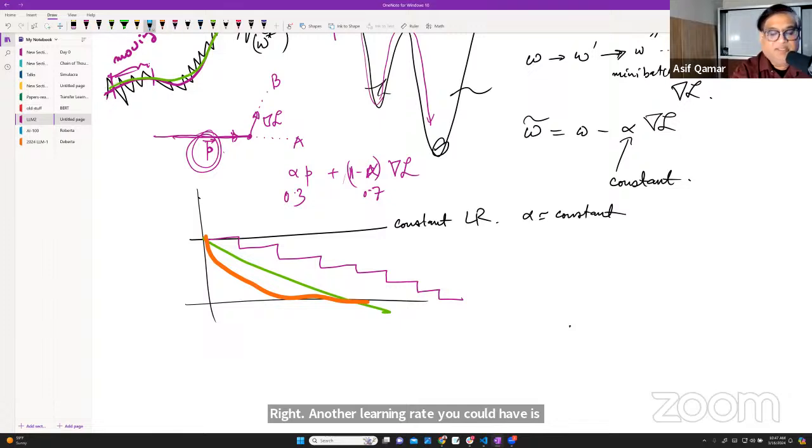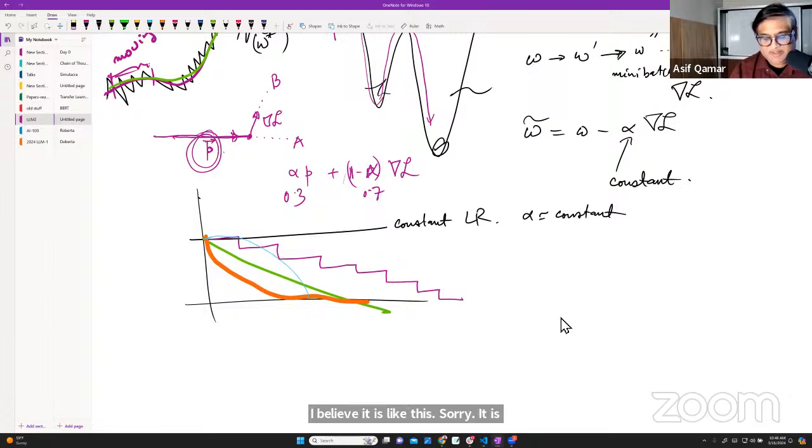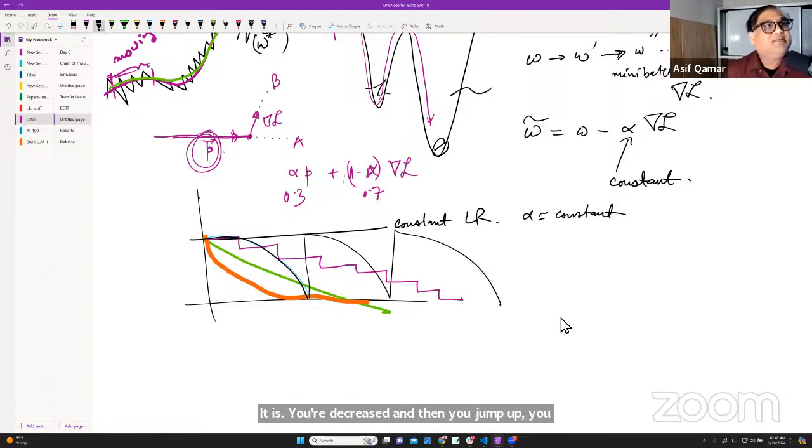Let me see if I can bring in another color. Another learning rate could be like this. Right? Another learning rate is cyclic, actually. Let me remember how it is. I believe it is like this. Sorry, it is not like this. Sorry. It is, you decrease and then you jump up, you decrease again, you jump up. Cyclic. So there are many schedules for the learning rate.